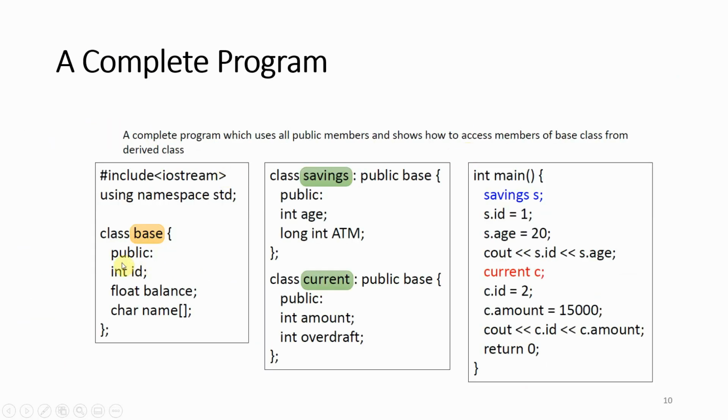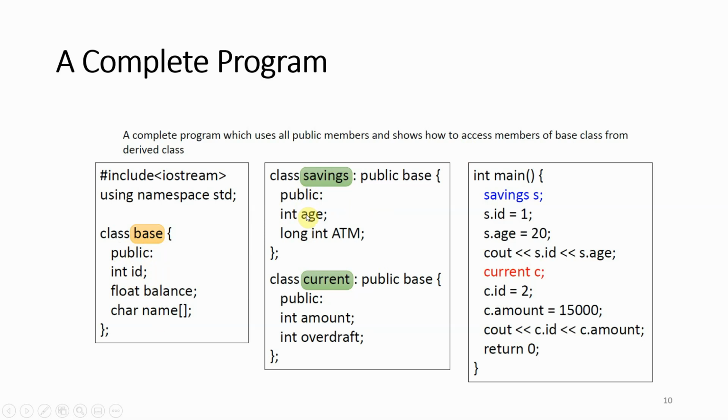So let me go back here. Here you see that this was public and this was public. So ID, balance, and name would be inherited as public member variables in the class savings. If this was private, then the ID, balance, and name would also be private in the class savings.